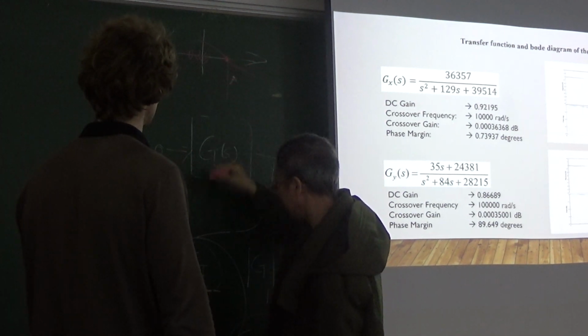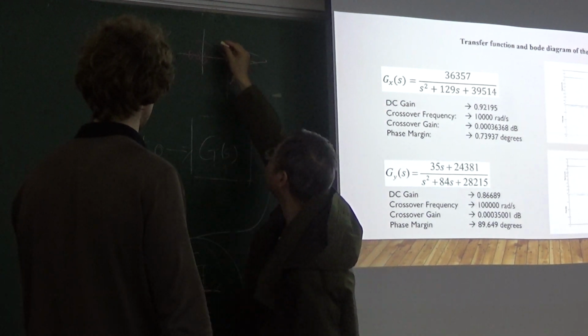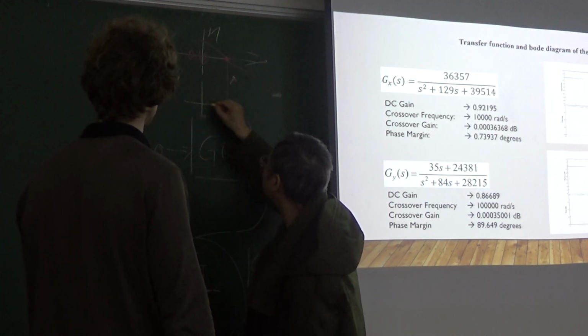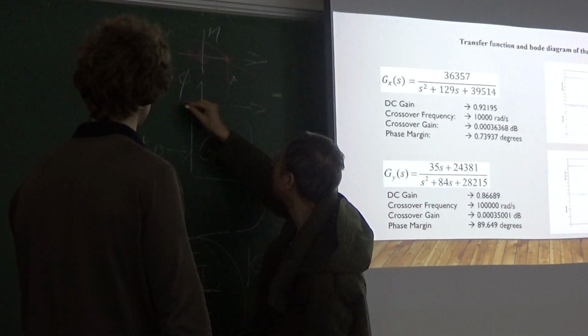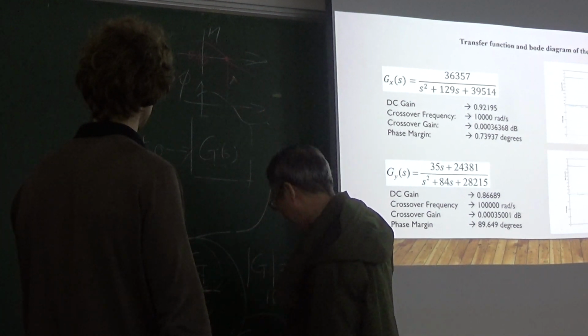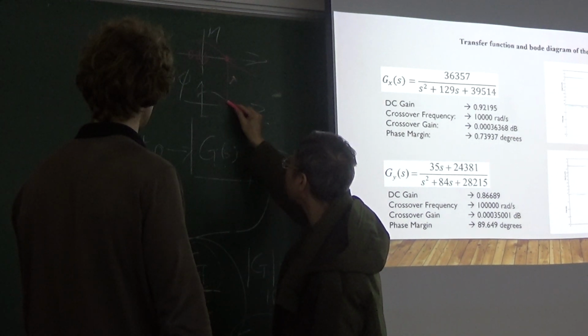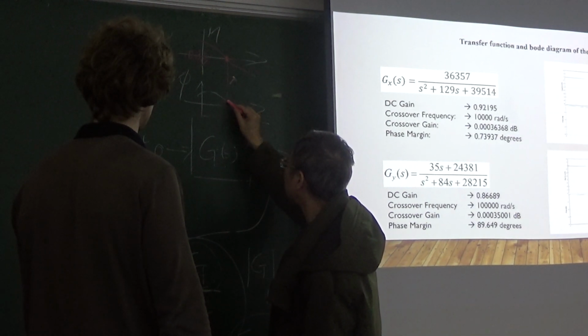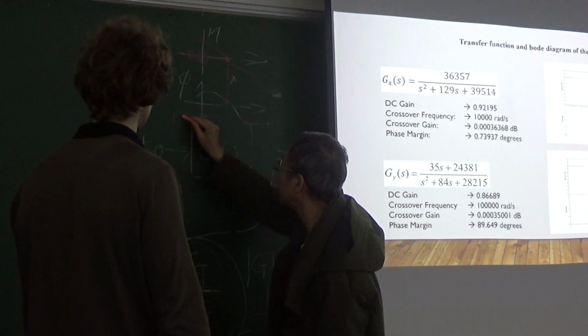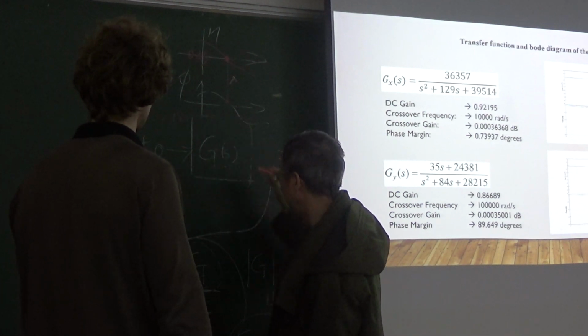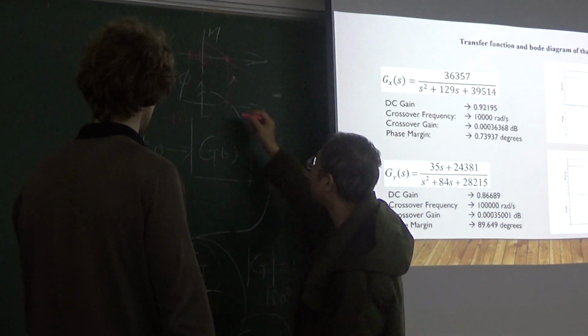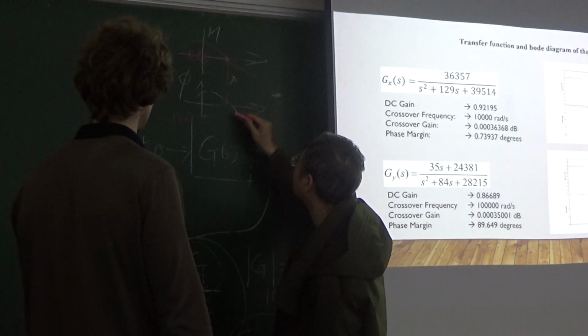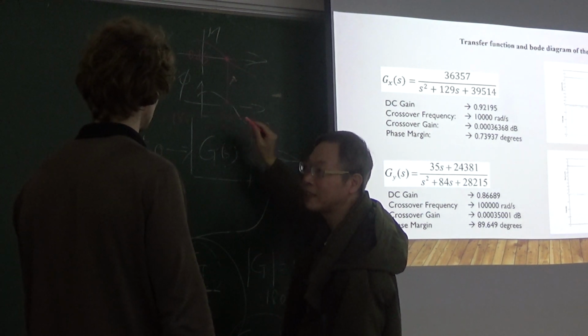When you find the corresponding magnitude, you have a phase, and you find the phase angle here. The distance from this phase angle to -180 is the margin.